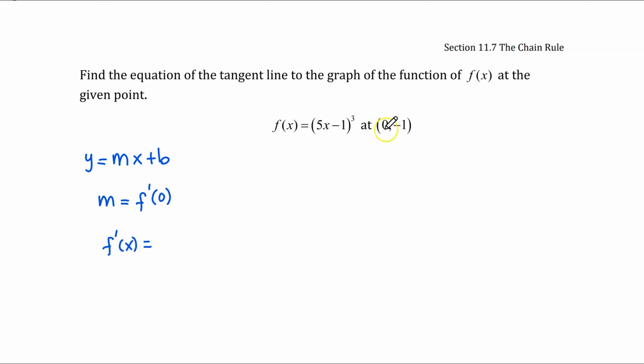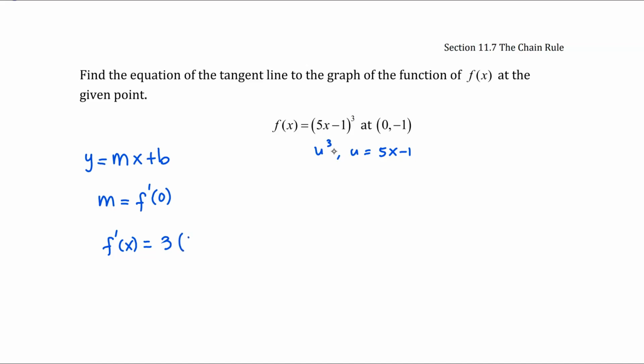Now f prime of x is the derivative of the expression here, and this is of the form u cubed, where u is equal to 5x minus 1. Now the derivative of u cubed is just 3 times u squared.